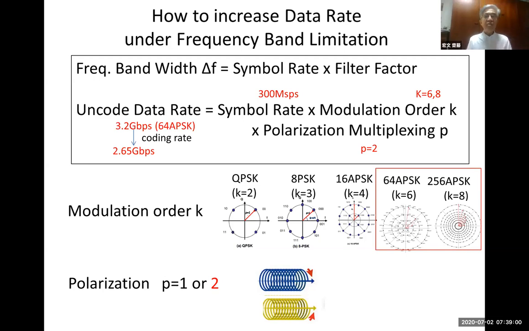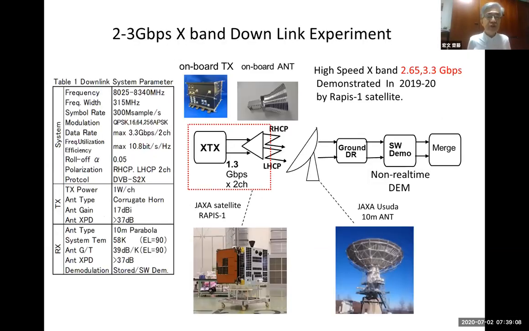So in such a policy, we have developed 2 to 3 gigabps X-band downlink system. And so we developed onboard X-band transmitter and also onboard antenna with dual polarization antenna capability.